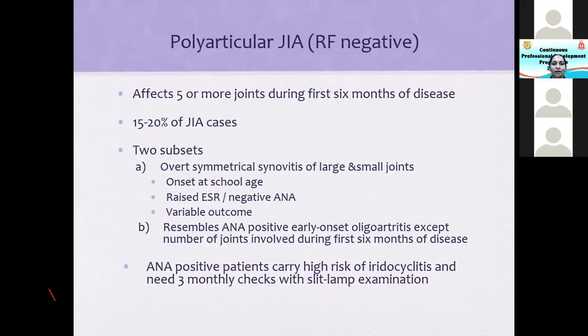Usually, we can have overt symmetrical synovitis of large and small joints with increased inflammatory markers and negative ANA, and sometimes they can have ANA positive early onset oligoarthritis. It resembles the ANA positive oligoarthritis, except that more joints are involved in these patients. So in the same way, ANA positive children, we have to monitor for uveitis 3 monthly.